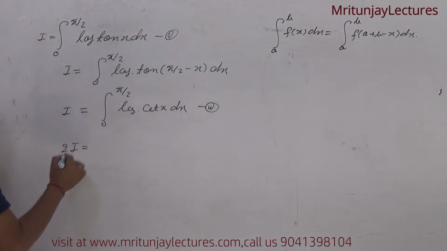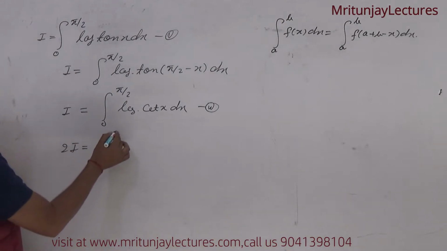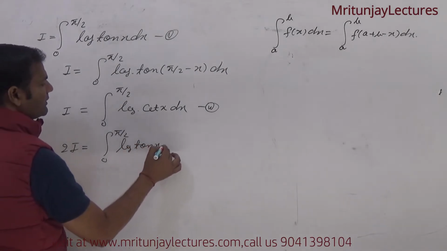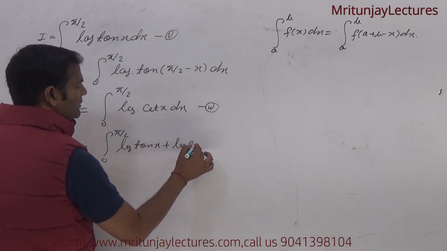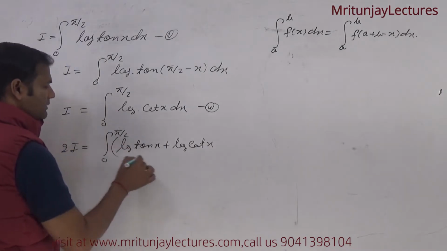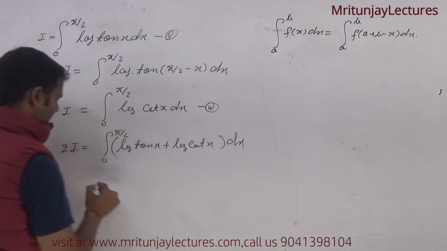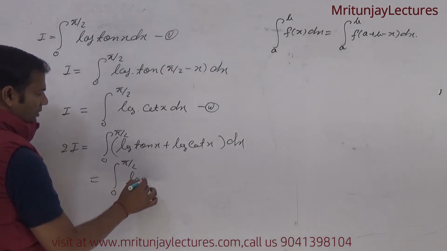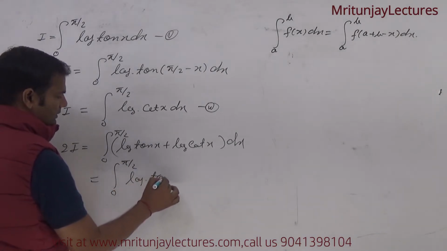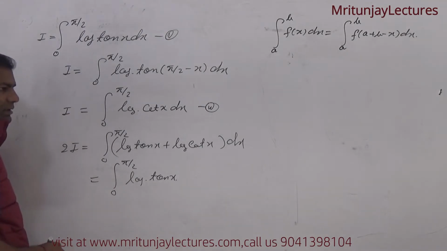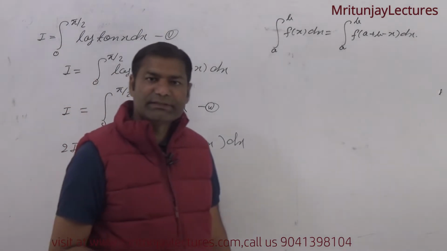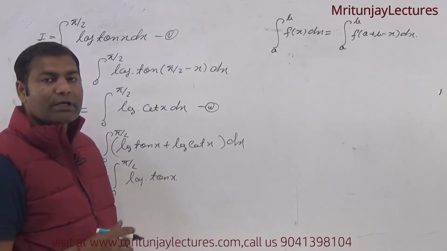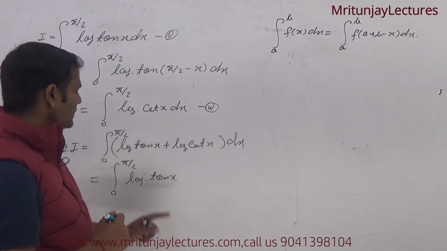Adding both equations 1 and 2, we get 2I equals the integral from 0 to pi by 2 of log of tan x plus log of cot x dx. Now, log a plus log b is written as log ab.